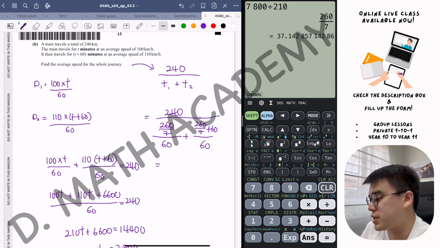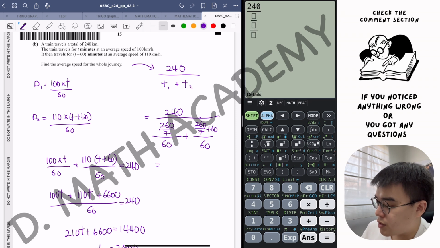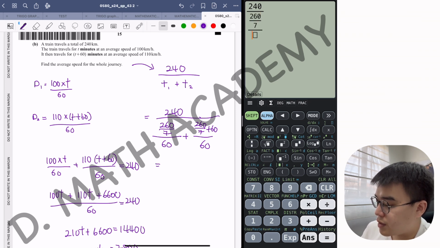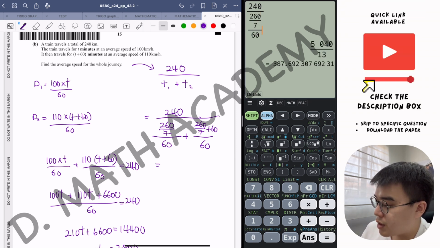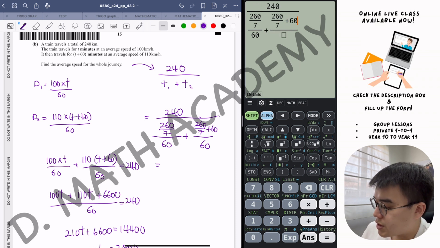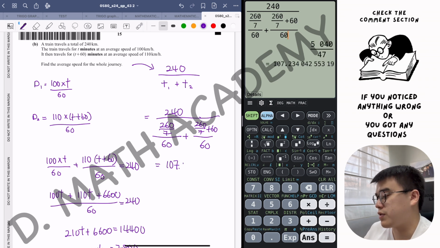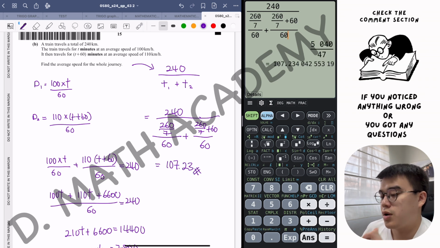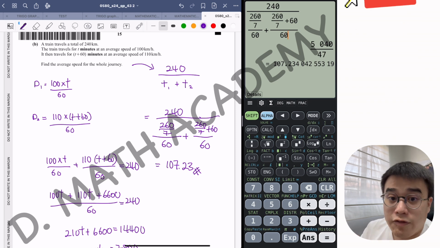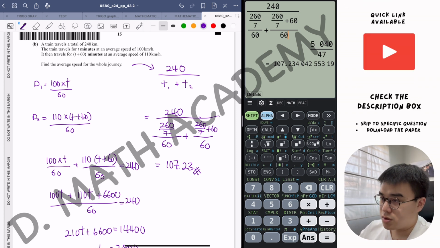So key in this entire thing into your calculator. The final answer is 107.23. Okay, so this is the average speed of this particular question.